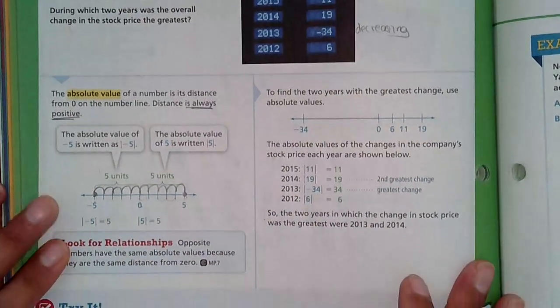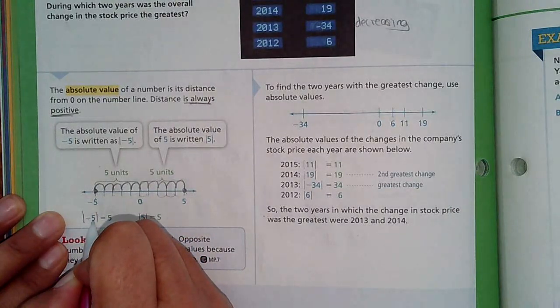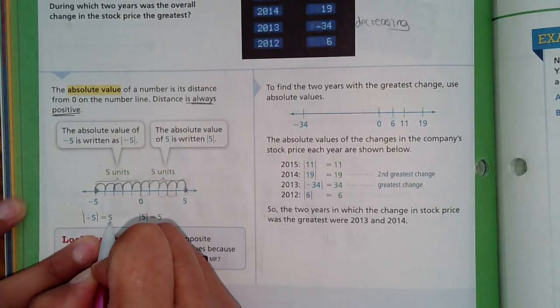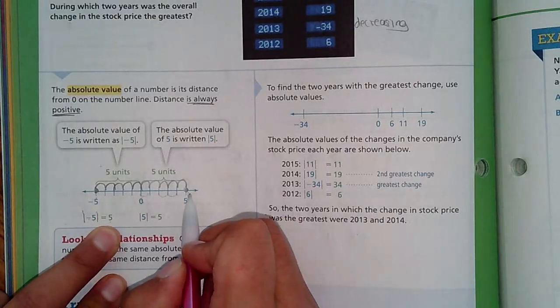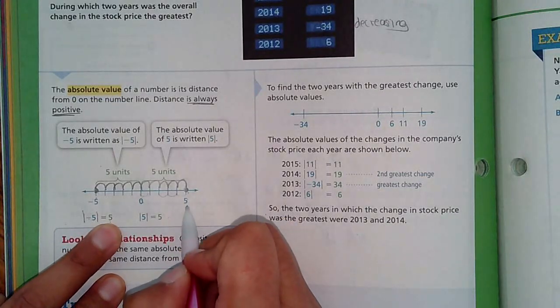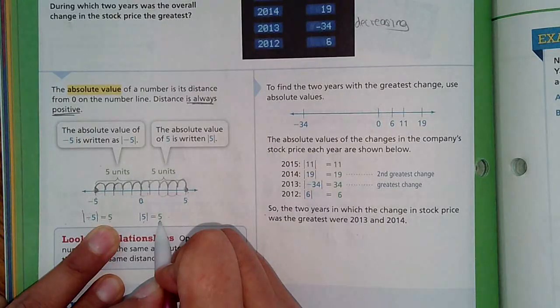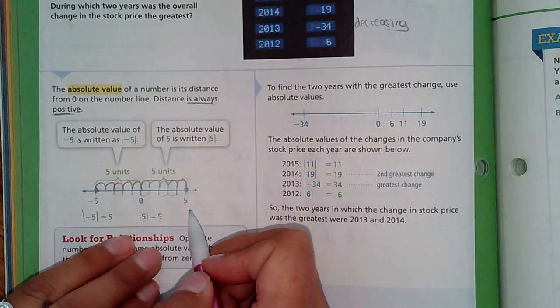The way we write this is the absolute value of -5, the distance -5 is from 0, is 5. The same thing is true for +5. The absolute value of 5, or the distance 5 is from 0, is also 5 units. Absolute value is the distance a number is from 0.